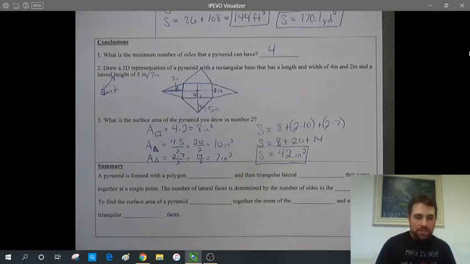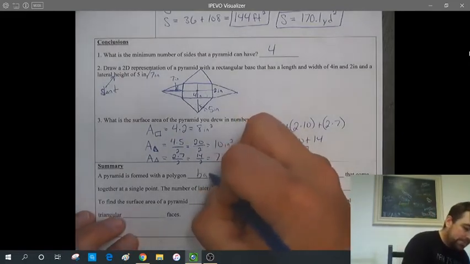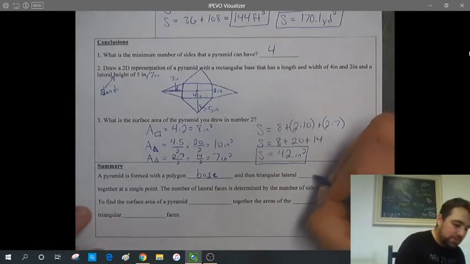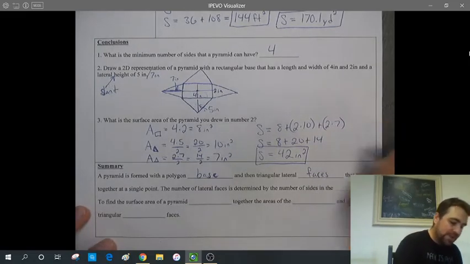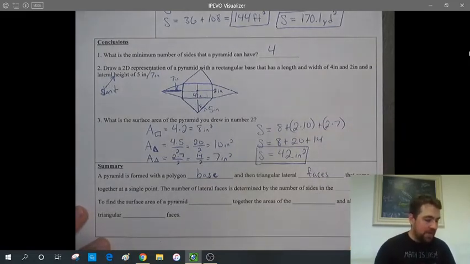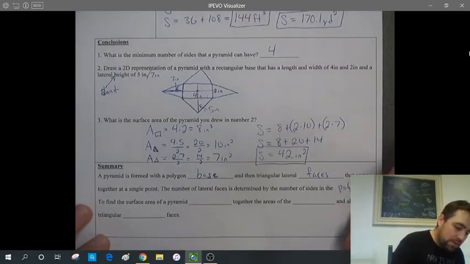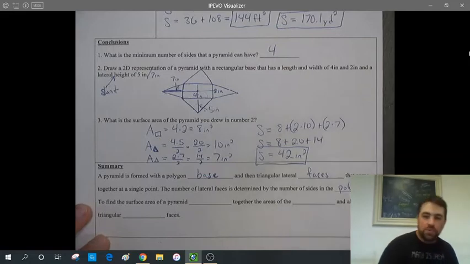Okay, in the summary here, a pyramid is formed with a polygon base and then triangular lateral faces that come together at a single point. The number of lateral faces is determined by the number of sides in the polygon, either polygon or base would have worked here, right?